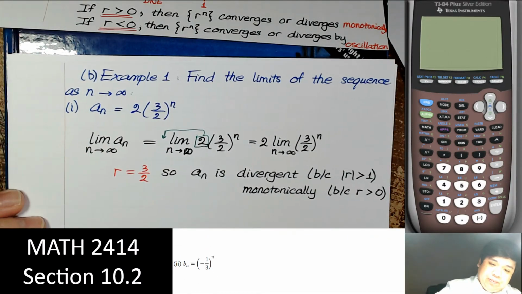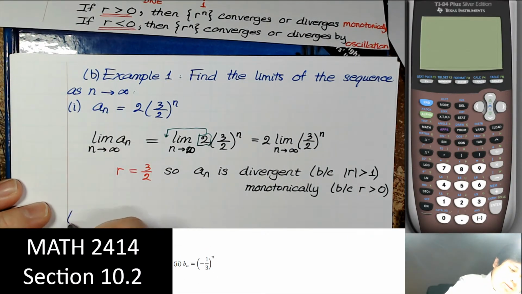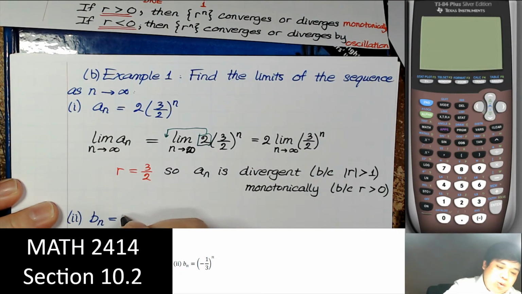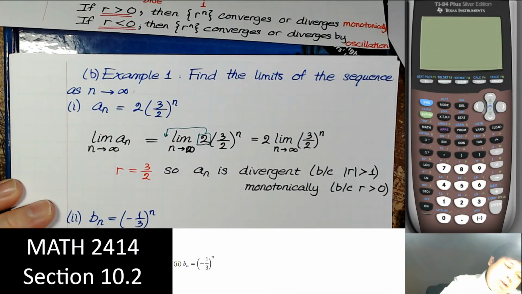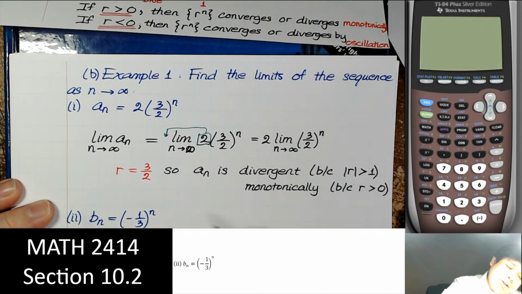2. b sub n equal to (negative 1/3) to the n. So what's r equal to? Negative 1 over 3, right?